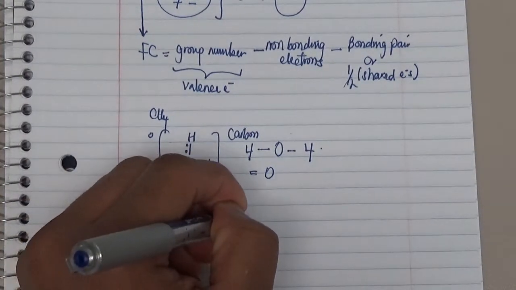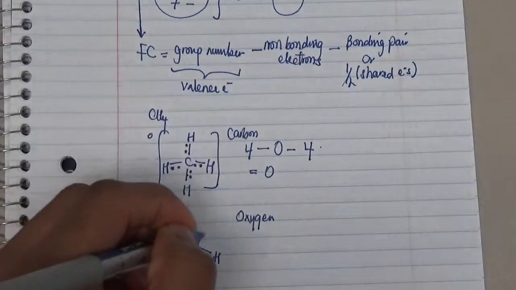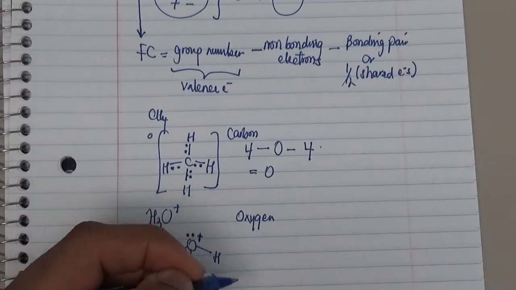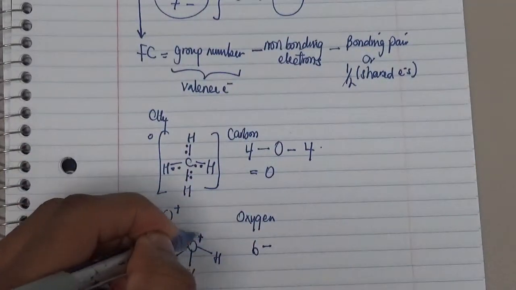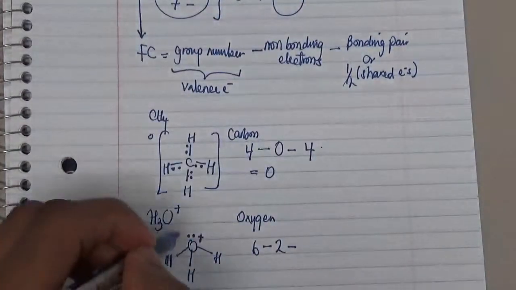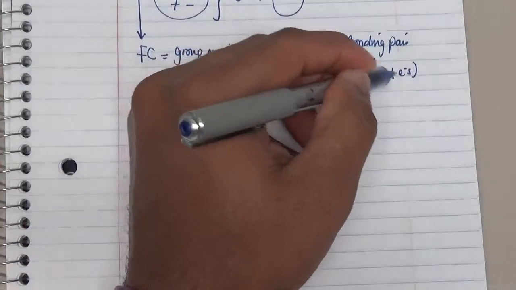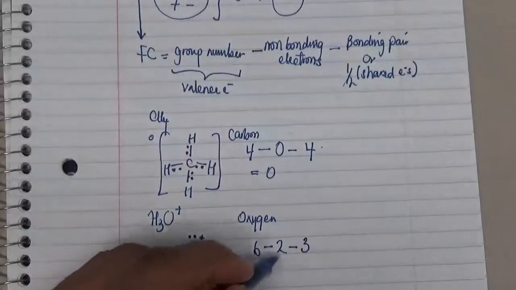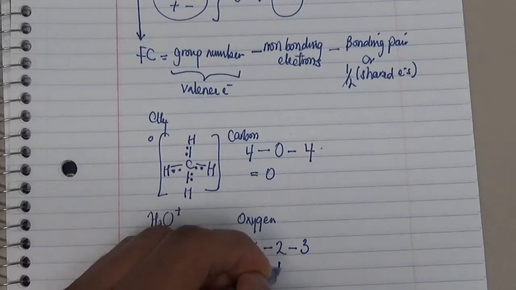Oxygen is in group 6, so it has 6 valence electrons. So 6 minus non-bonding electrons, we have 2, and bonding pairs, it has 3, or the number of shared electrons is 1, 2, 3, 4, 5, 6. 6 divided by 2 gives you 3. 6 minus 2 minus 3 gives me plus 1.